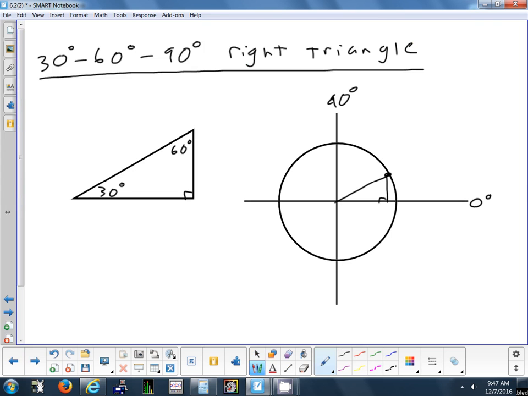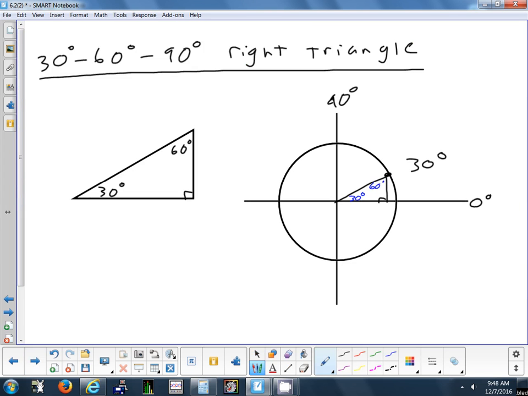Here's my triangle. That's 30 degrees. So that means this angle right here at the bottom, that's 30. And then the angle at the top has to be 60, but how come? It's all going to add up to 180.